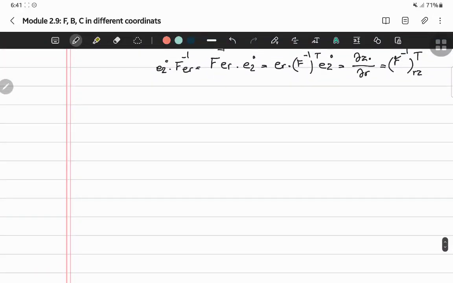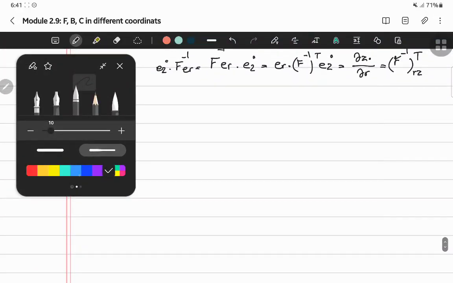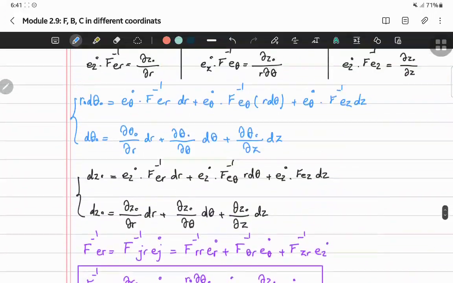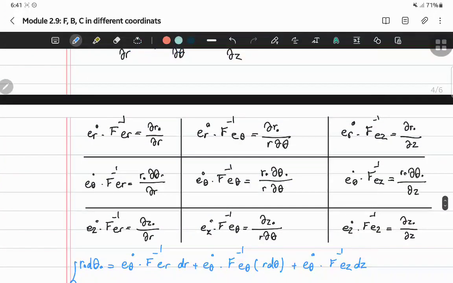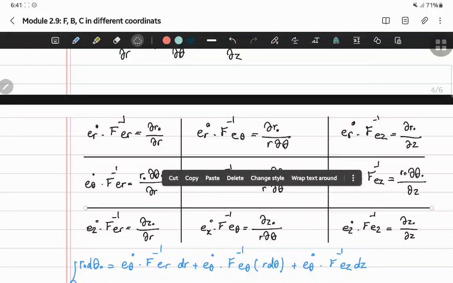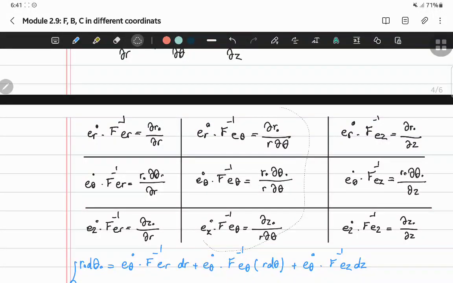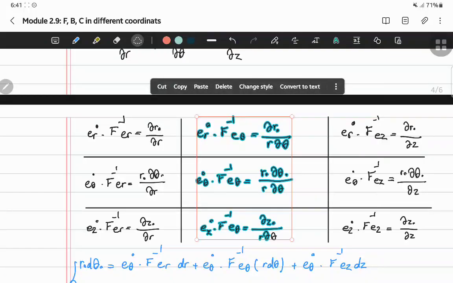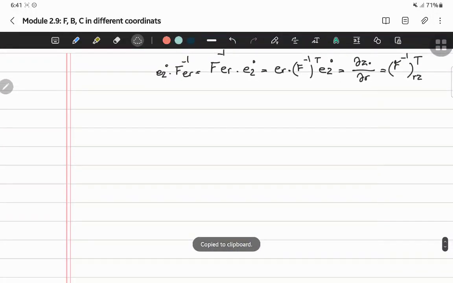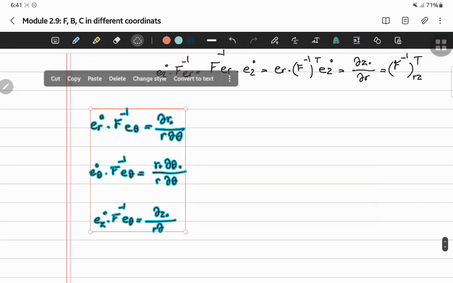So I will calculate the rest. I may select all of these, copy, and paste them here.